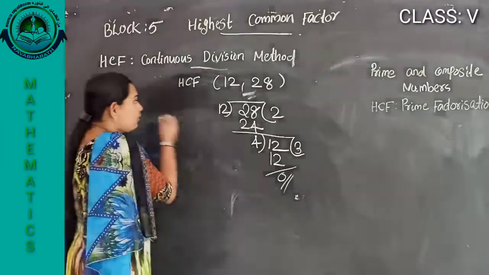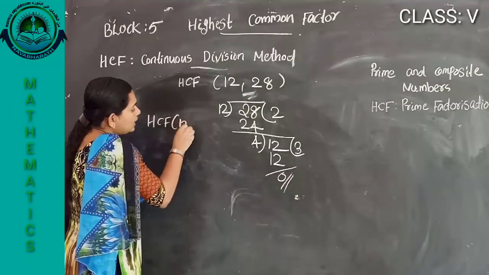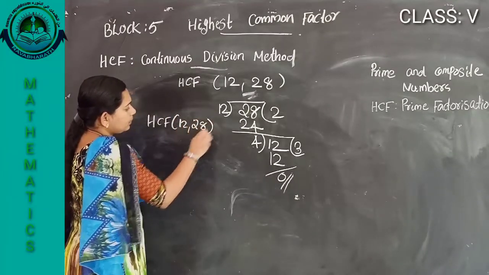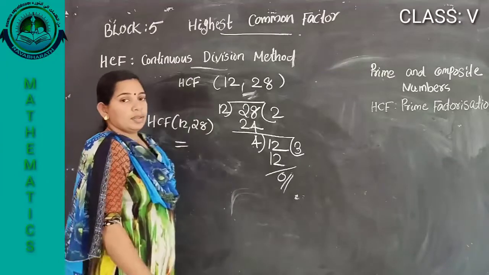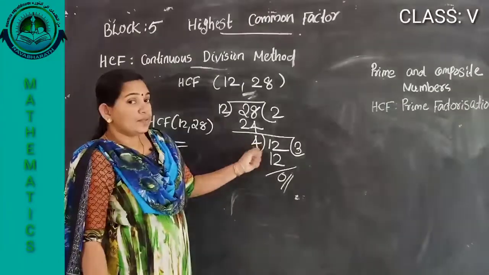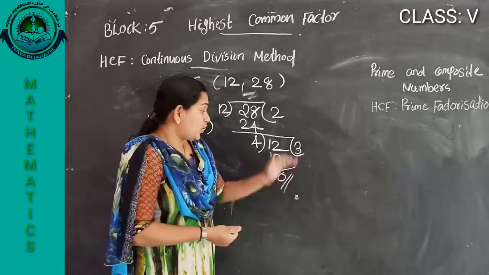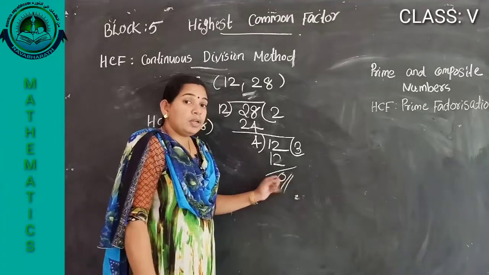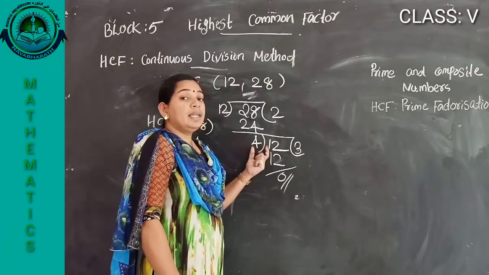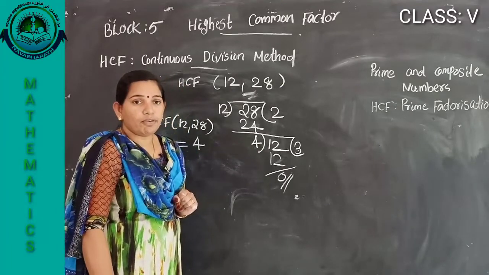So what is the HCF of 12 and 28? Yes, 4. In which step did we get remainder 0? When we divided by 4. So that is the HCF.